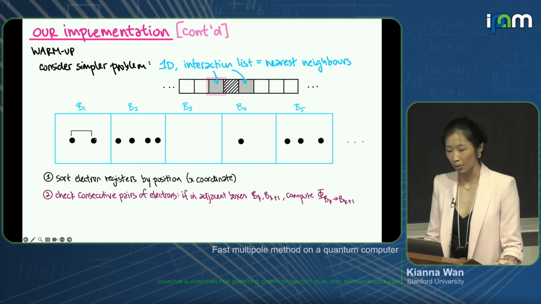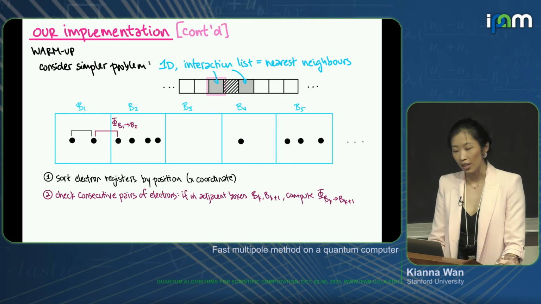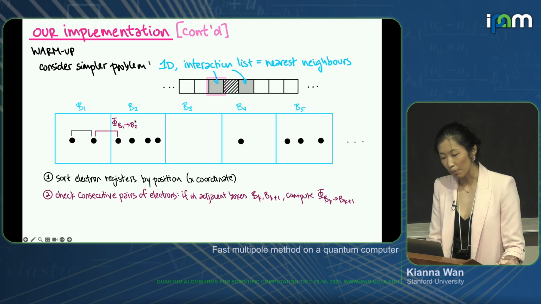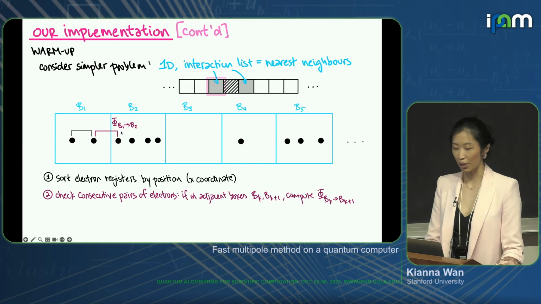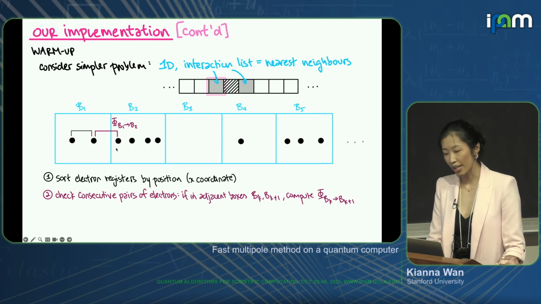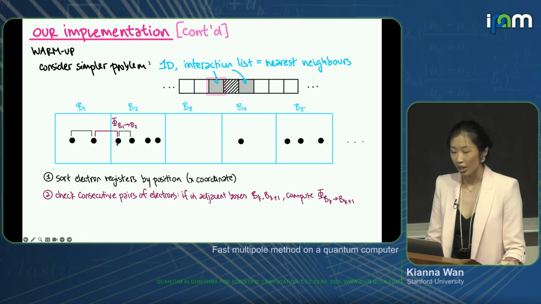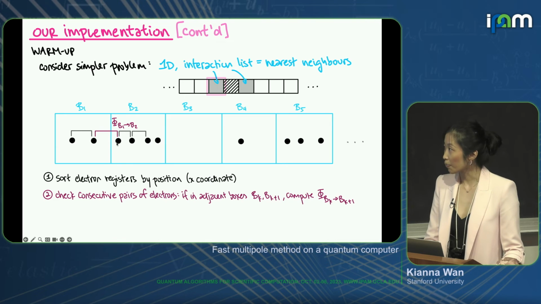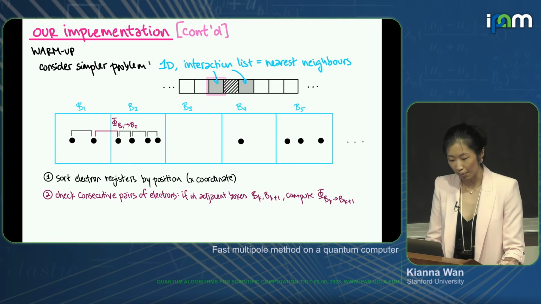They're not in nearest neighbor boxes, so we don't do anything. This next pair of electrons are in nearest neighboring boxes, so we compute the potential contribution phi sub B1 to B2, and then store it in the first electron of B2. For the next pair, they're in the same box, not in neighboring boxes, so we don't do anything. And similarly for the next two pairs.